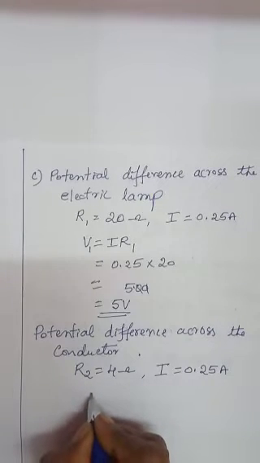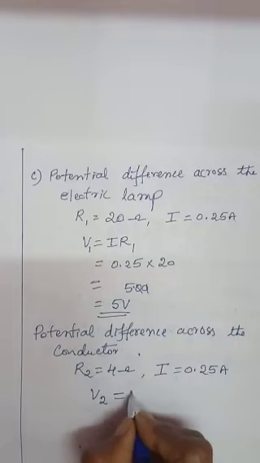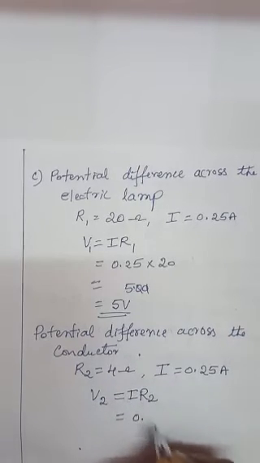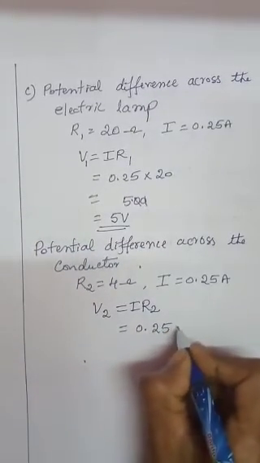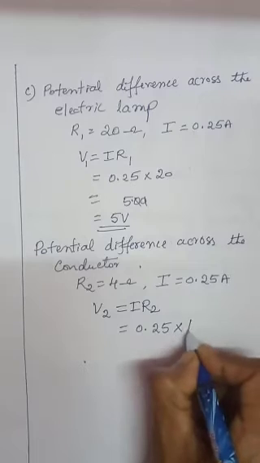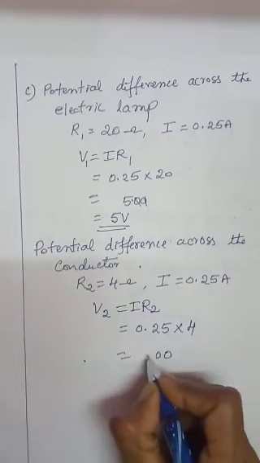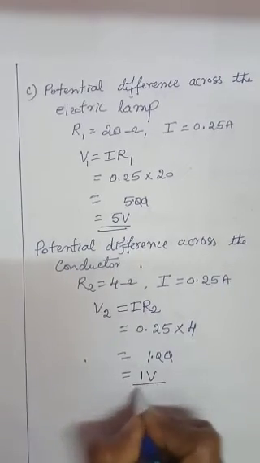Again apply Ohm's law. V2, second device, V2 is equal to IR2. I is 0.25 ampere into resistance of the conductor is 4 ohm is equal to 25 fours are 100. So it is 1 volt.